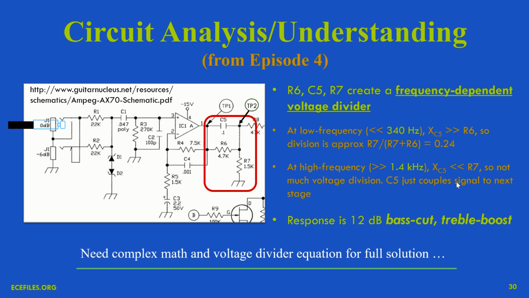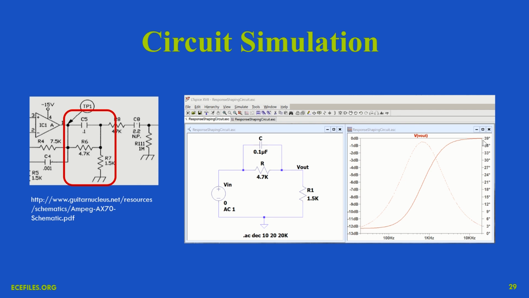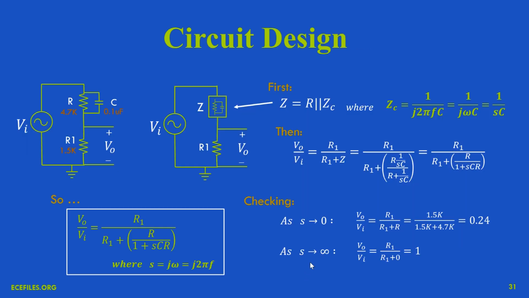That matches what we said in this slide, where C5 just couples the signal to the next stage. The signal goes right through the capacitor because we're at a high enough frequency. And we also confirmed that through simulation: we have 0 dB there. So it looks like we're good up to this point.